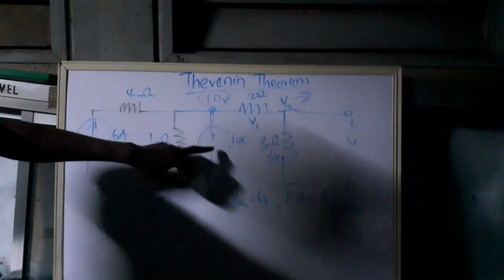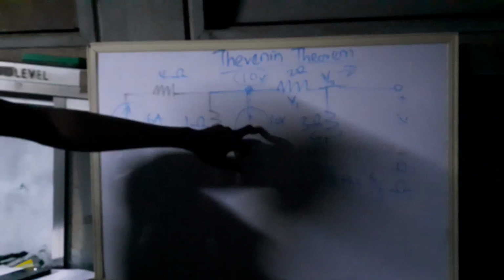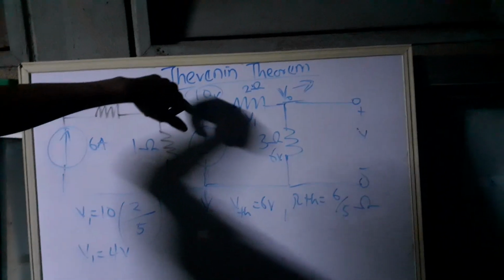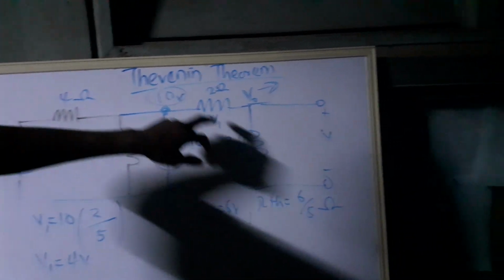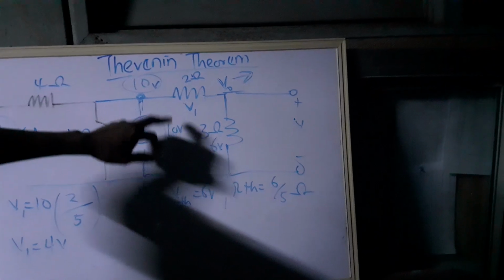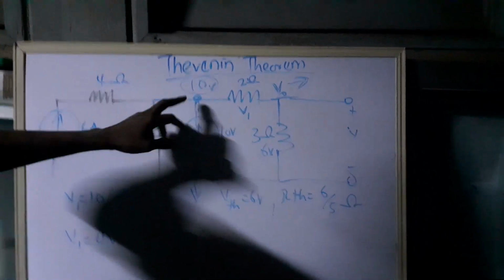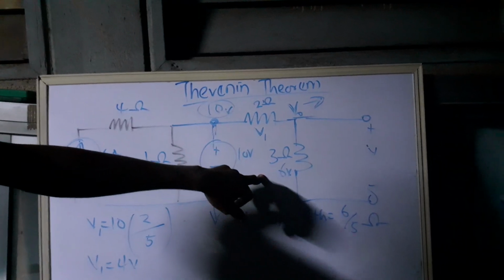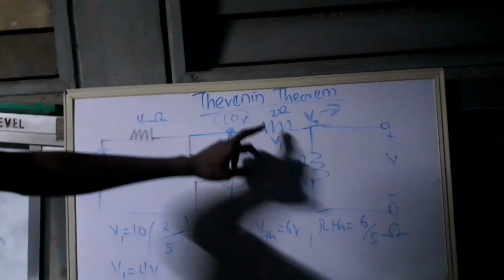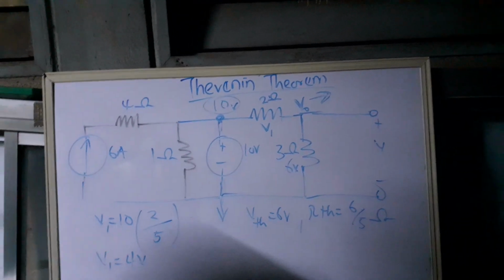Since they've given us the voltage here to be 10, that means this point here is 10. These 2 and 3 ohms are in series, so they will have different voltages.